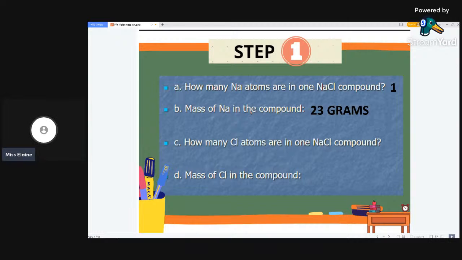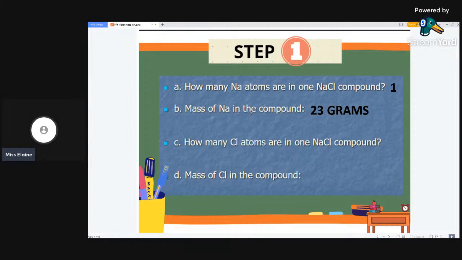But we are going to use two decimal places. So if that is the case with your periodic table, we still use two decimal places. Any differences are only in the decimal places, not in the whole numbers.